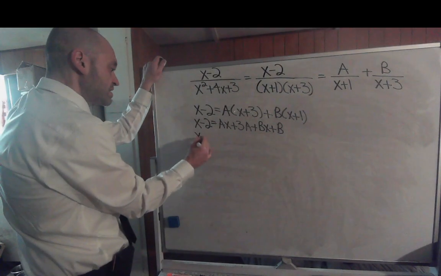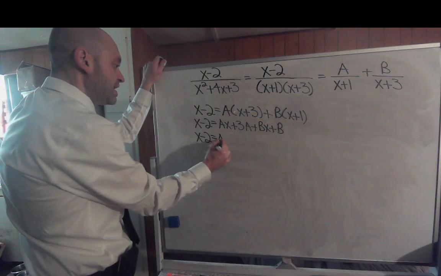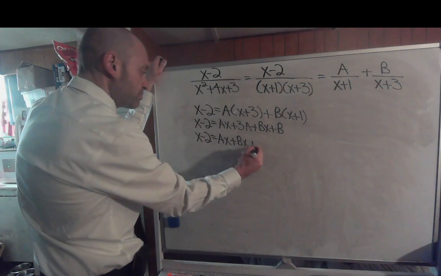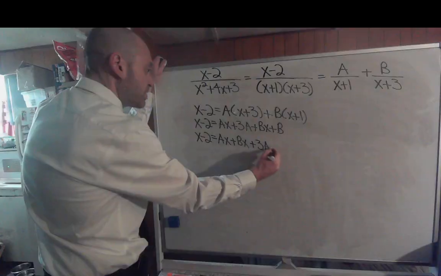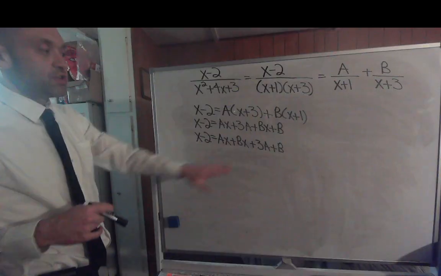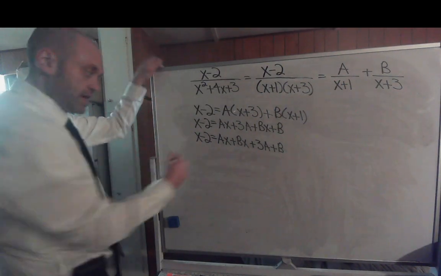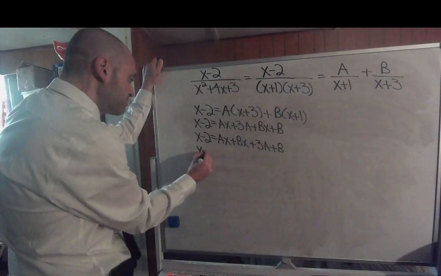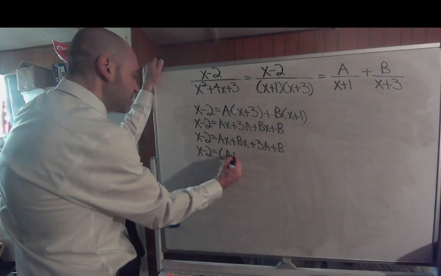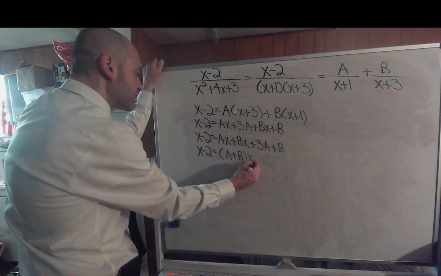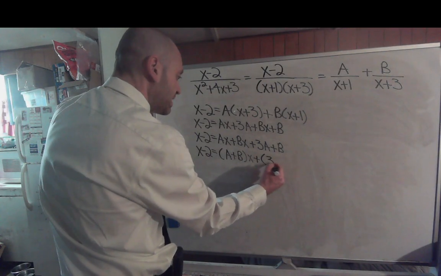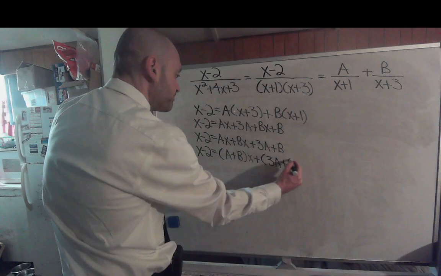So you'll have x minus 2 equals Ax plus Bx plus 3A plus B. With your x terms, go ahead and factor out that common x. You'll end up getting x minus 2 is equal to the quantity A plus B times x, and then plus the quantity 3A plus B.